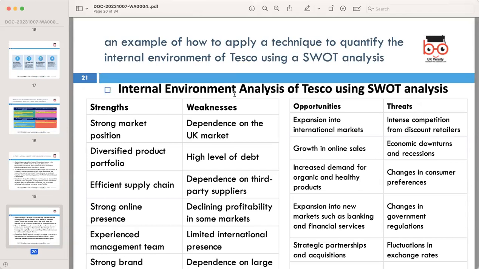Then we talk about opportunities: expansion into international markets, growth in online sales, increased demand for organic and healthy products, expansion into new markets like banking, strategic partnerships and acquisitions, expansion of private label brands.